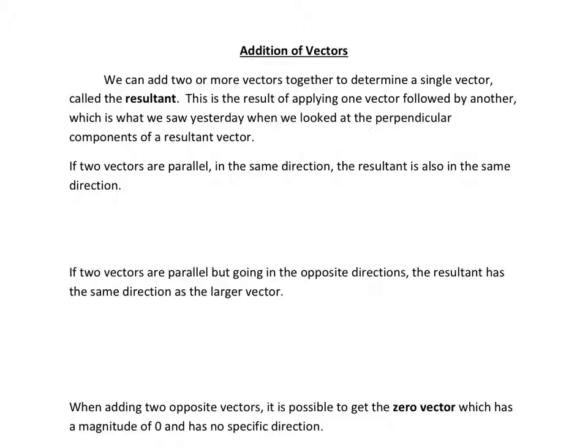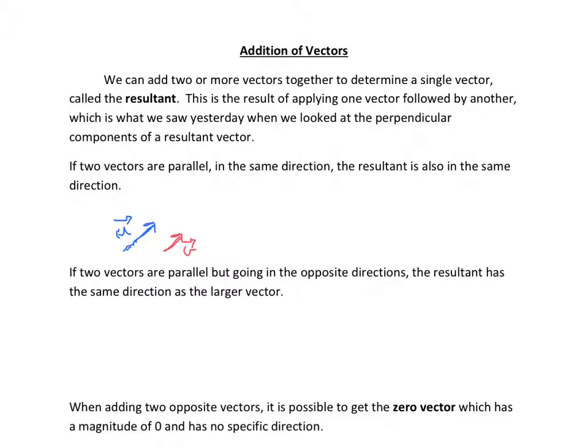So let's start off by looking at parallel vectors. If two vectors are parallel in the same direction, then the resultant is also in the same direction. So for example, if I have vector u, we'll call this one, and vector v, we'll call this one, and these are parallel vectors.